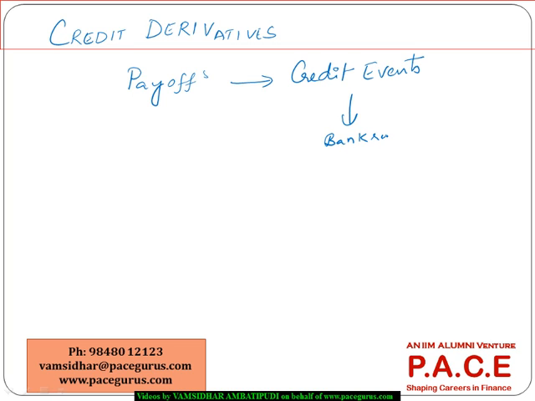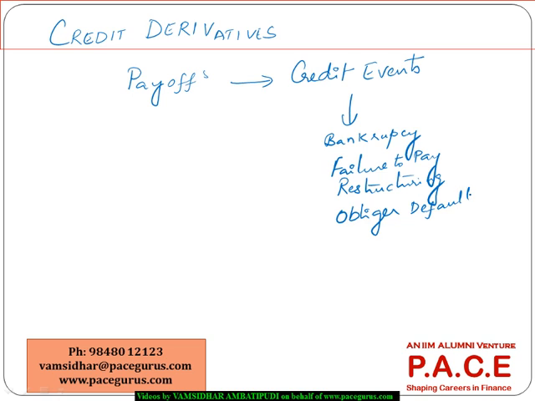So the actual payment between the parties can happen only when either a bankruptcy comes up, or a failure or inability to pay, or we are talking of restructuring of the debt, right? Any of these. So the obligor defaulting either on the principal or on the interest, or the obligation getting accelerated. All these are various elements of the credit events.